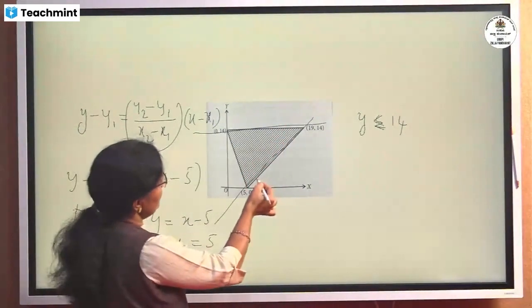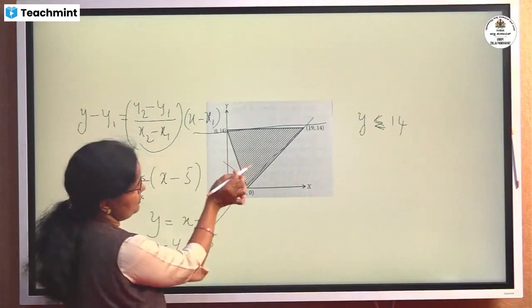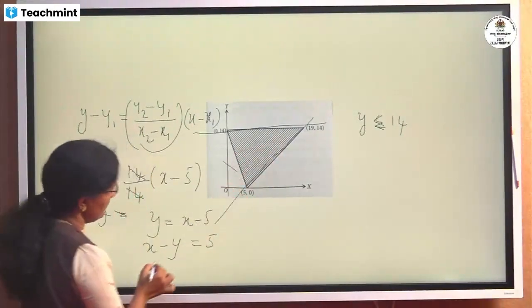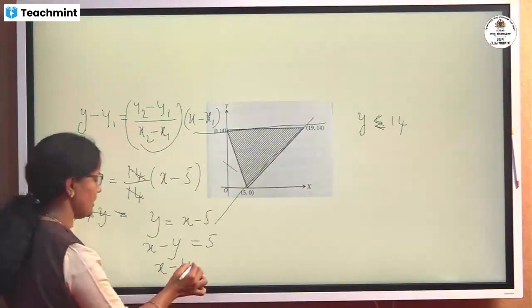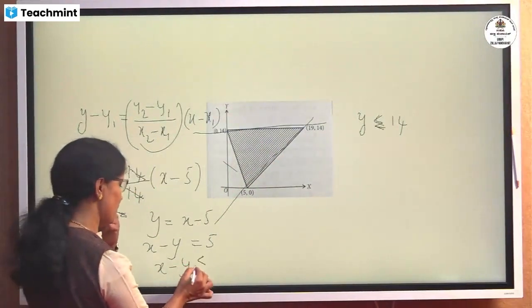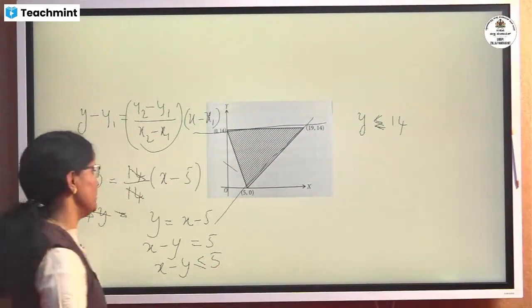Here origin is there in this solution also. Upward solution is there, origin is there. Therefore, you have to take the inequality as x minus y lesser than or equal to 5. This is another equation.